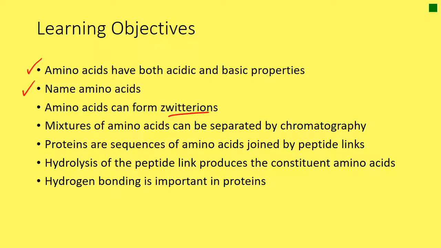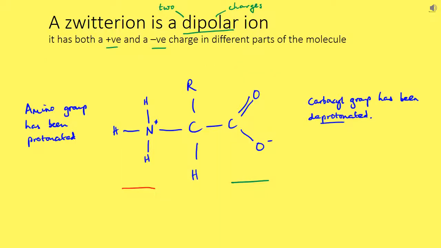So now we're going to move on to the concept of zwitterions. You might remember I said that Zwitter is the German word for hybrid. So here we have a statement that says a zwitterion is a dipolar ion. So let's just make sure we understand that word dipolar.